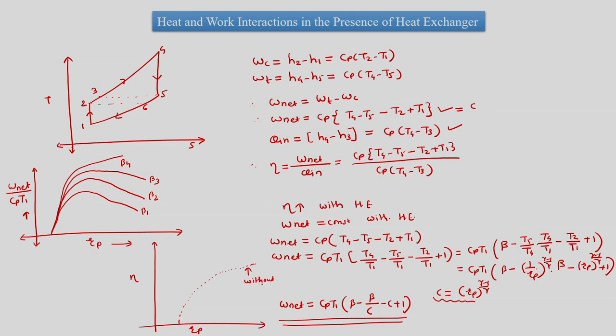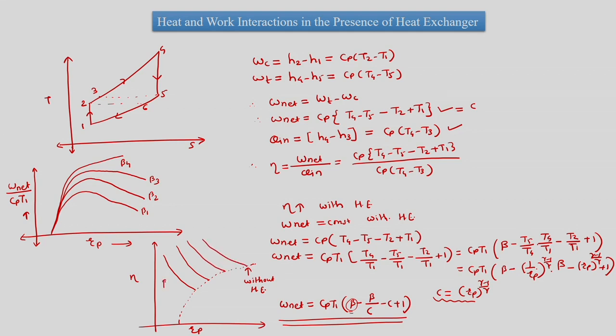We had seen this plot earlier, and this is efficiency variation with respect to Rp, but now this efficiency would have beta in it. The Brayton cycle efficiency without heat exchanger is independent of beta. It is only a function of Rp, but now with heat exchanger it becomes a function of beta. So we have to plot it for different betas. So in this case efficiency is like this.